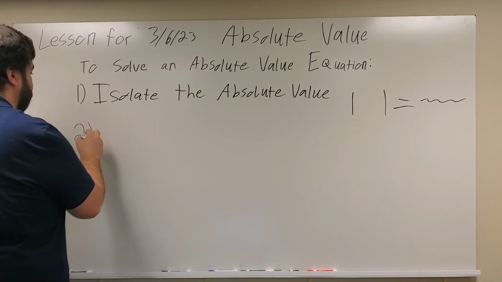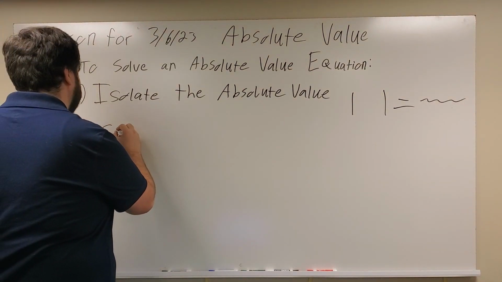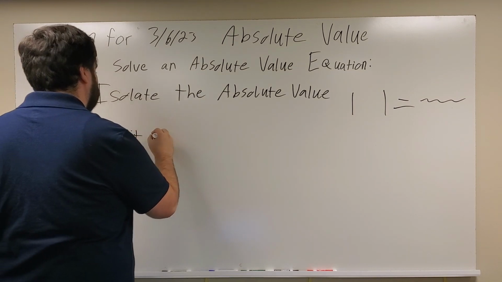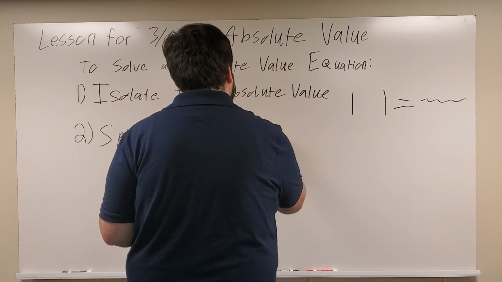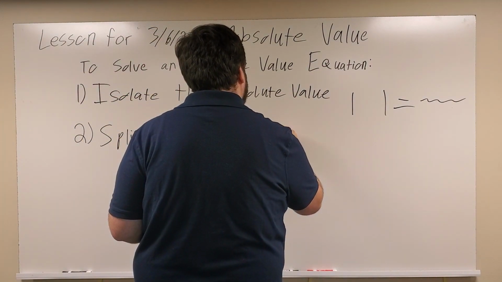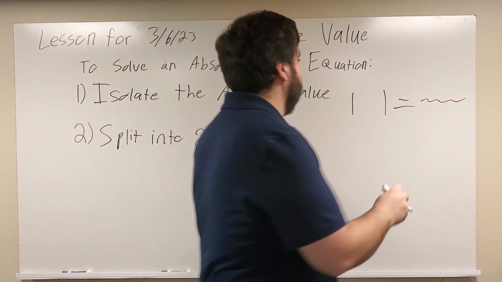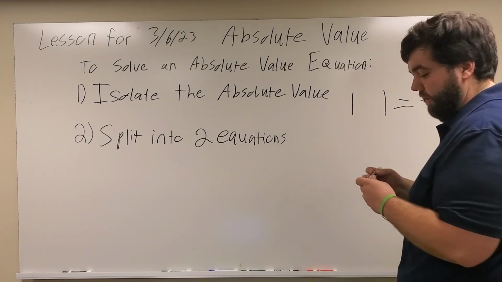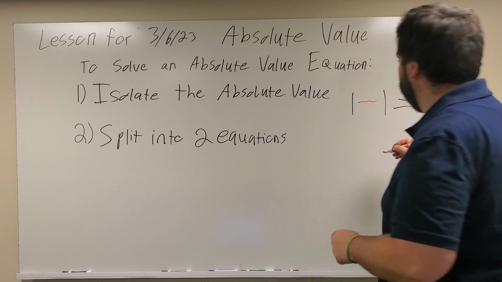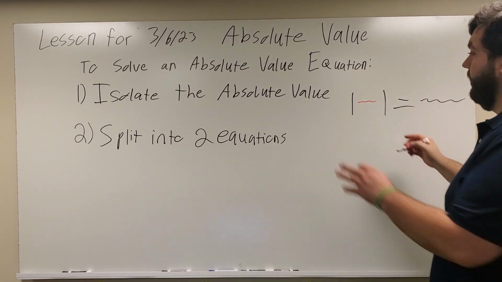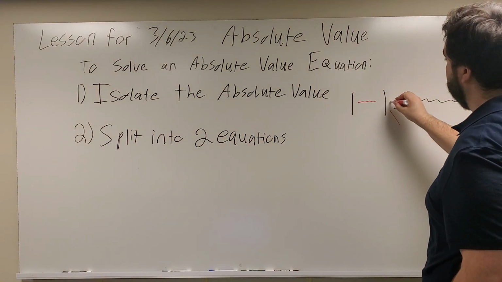Step 2: we're going to split into 2 equations. What that means is we take what's inside our absolute value. I'll make it red squiggles, so our red squiggles are what's inside our absolute value. Now we're going to take this equation and split it off into 2 directions.